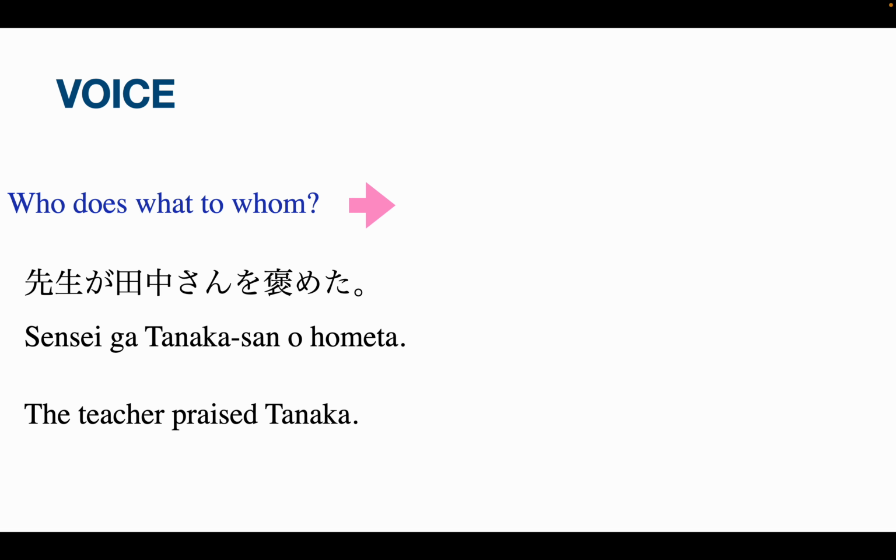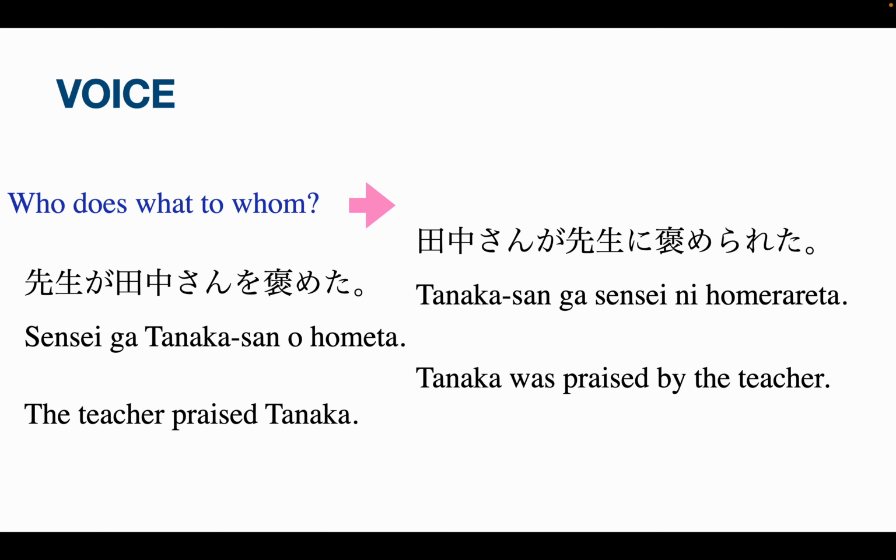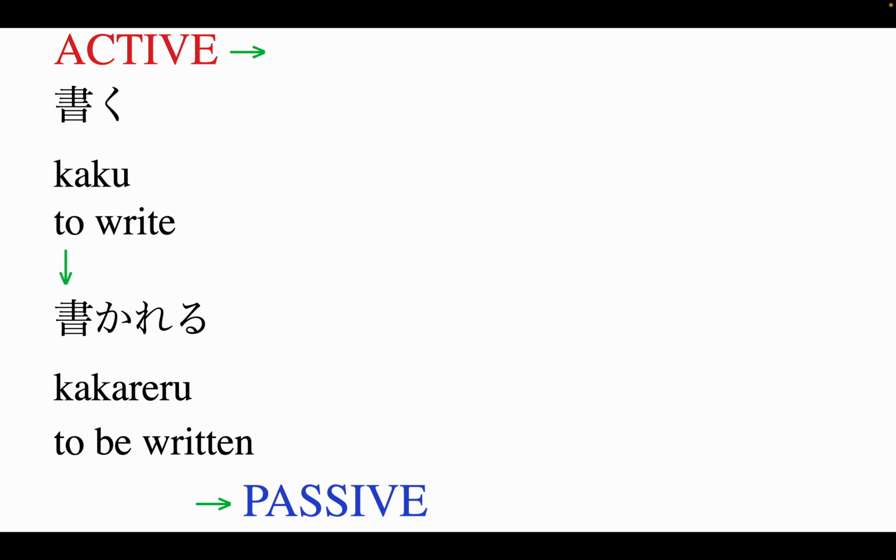Now let's change it. 田中さんが先生に褒められた。Tanaka was praised by the teacher. The basic event is almost the same, but our grammatical perspective has changed. The first sentence is active. The second sentence is passive.